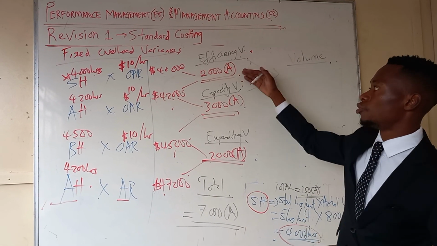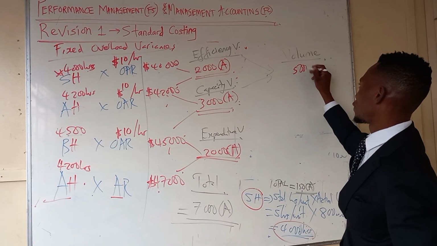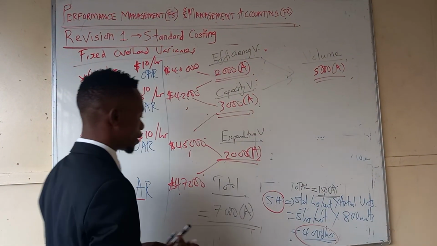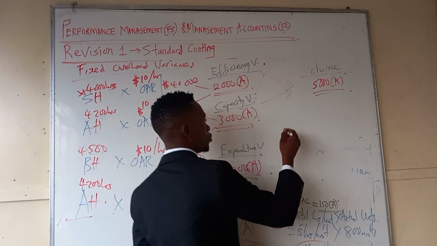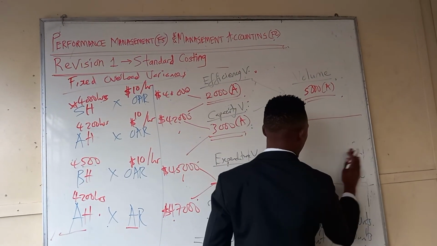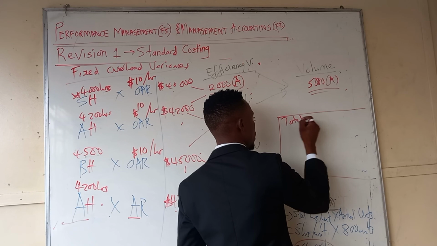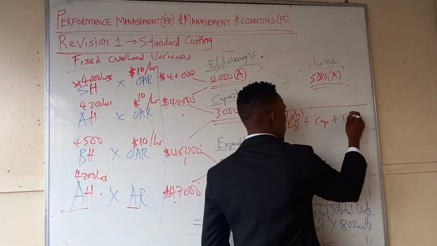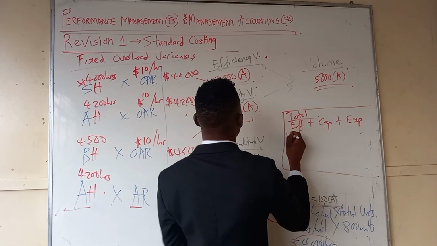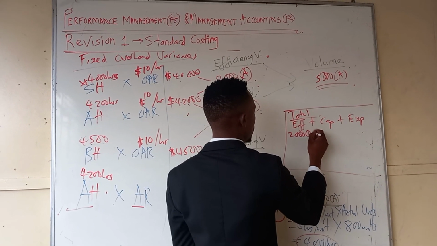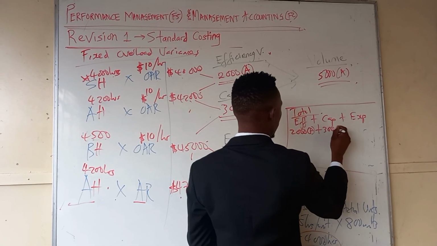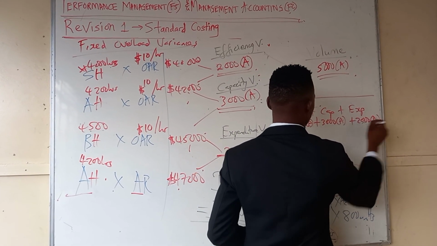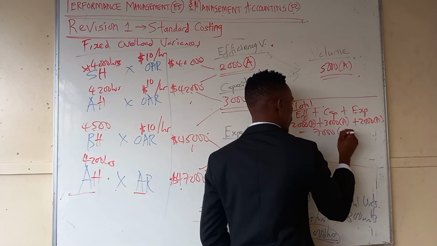If you add these two, that's 5,000 adverse. So when you want to get the total variance, you either say efficiency plus capacity plus expenditure. So efficiency 2,000 adverse plus 3,000 adverse plus 2,000 adverse, you then get 7,000 adverse.